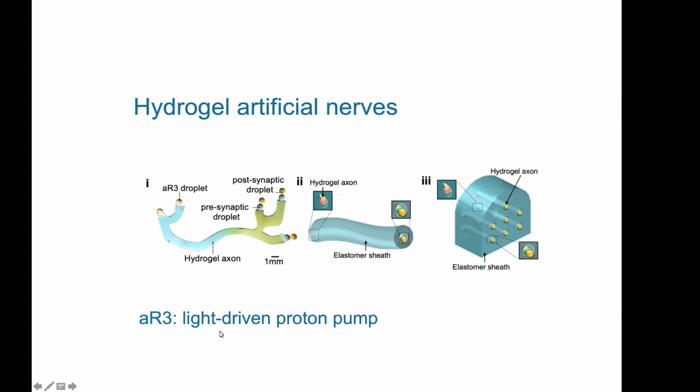So it's an electrogenic proton pump. So when you shine light on it, it moves charge into the structure. And if you connect this with an external circuit, a current will be produced that travels through the structure. And you can also get these structures to release transmitters at the end. I won't talk about that today.